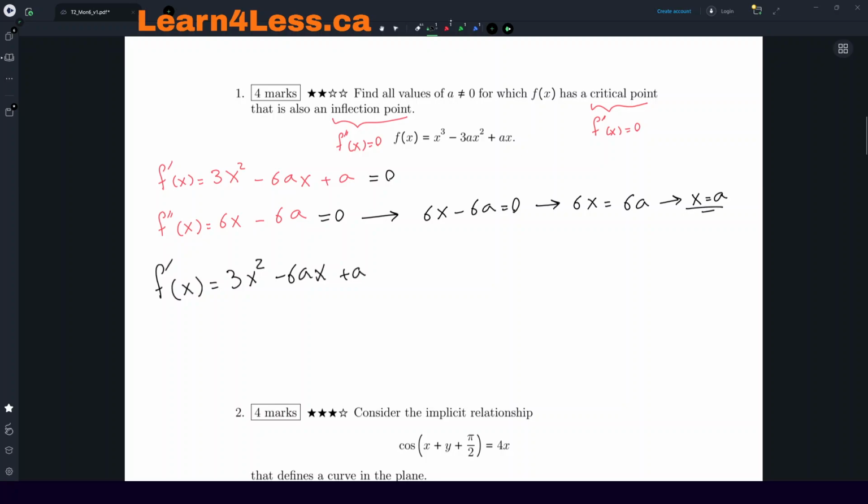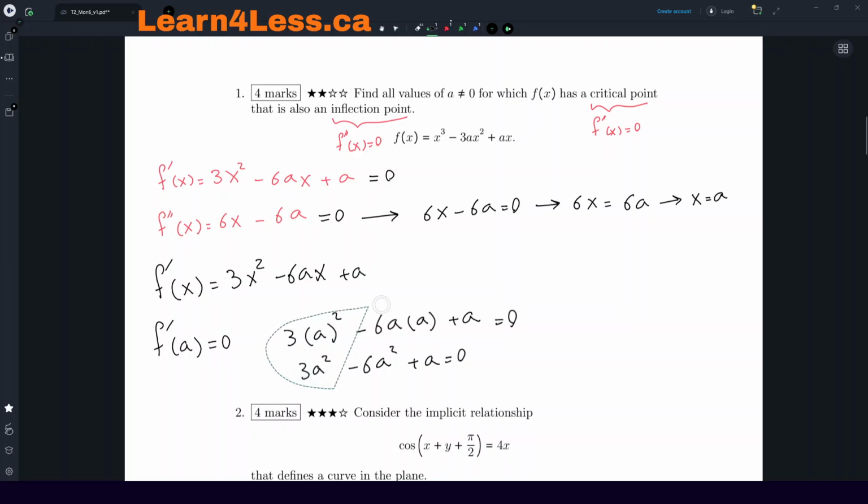And if x equal to a wants to be the critical point, it should make this equation 0, which basically means f prime of a is 0. So let's just plug that into this equation. So what we get is 3 times a squared minus 6a times another a plus a is equal to 0. Simplifying that, we get 3a squared minus 6a squared plus a equal to 0.